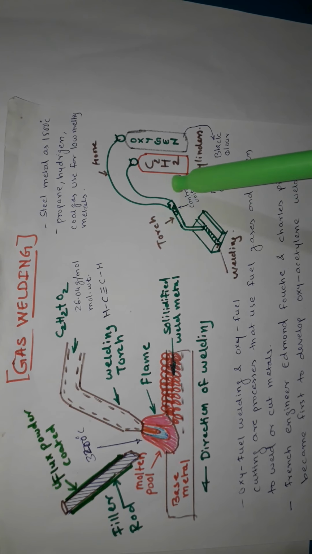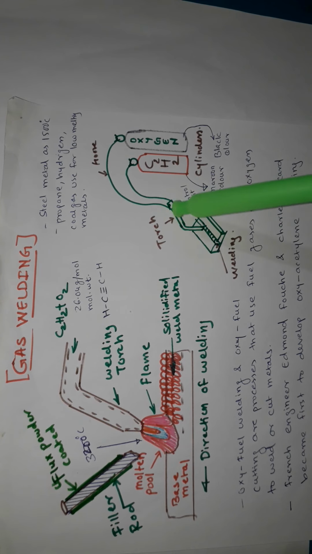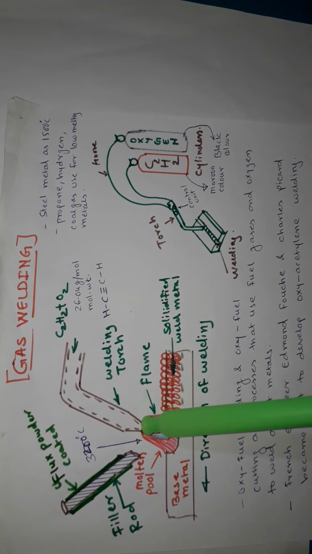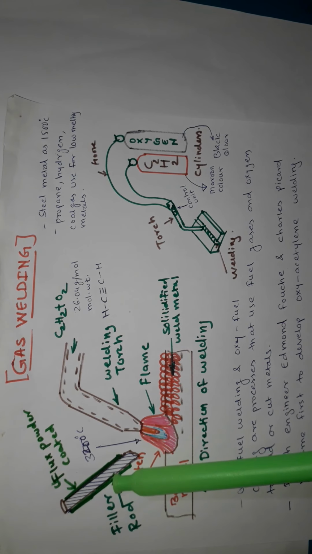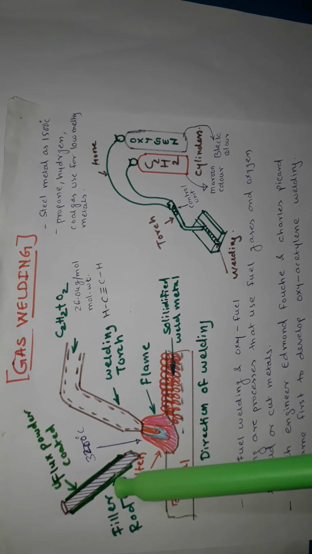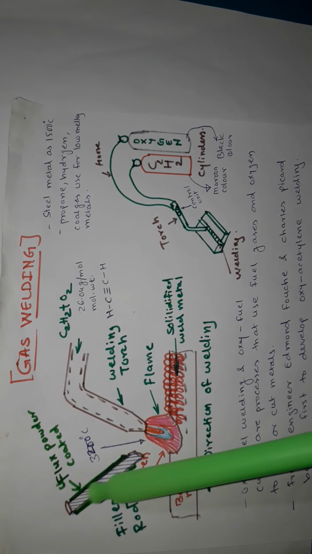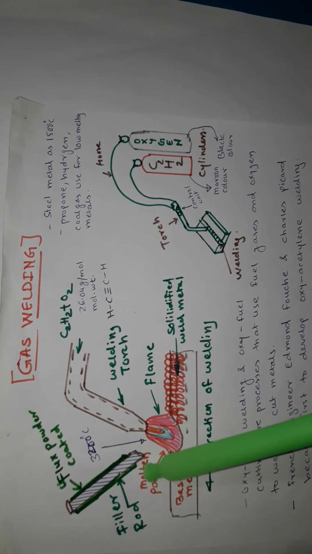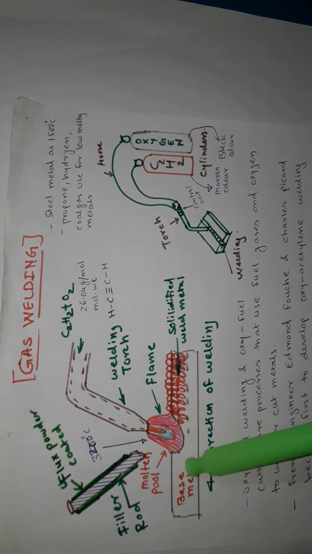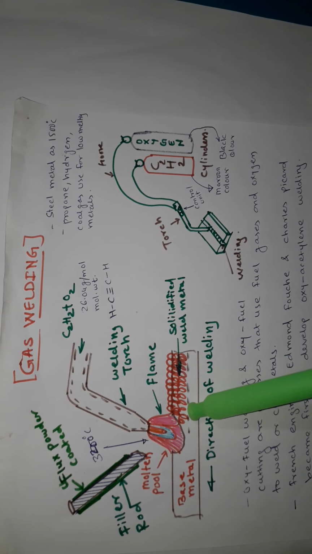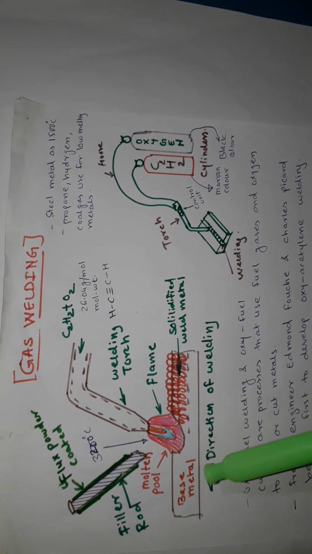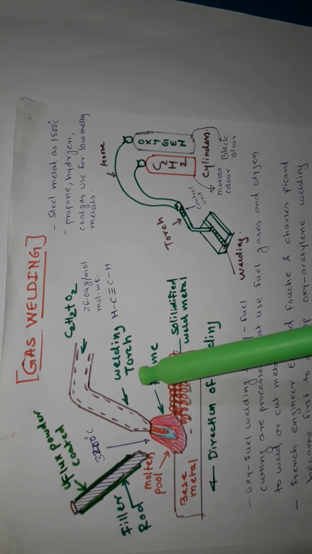There are two nozzle control units, and according to that control we can mix the oxygen and acetylene. Here we are using flux powder and a filler rod, and this filler rod consists of flux powder which is used for shielding as well as to remove dirt and oil from the base metal. So this is the short description of gas welding.